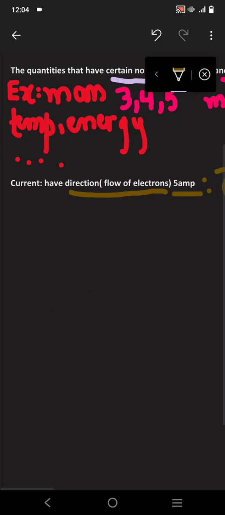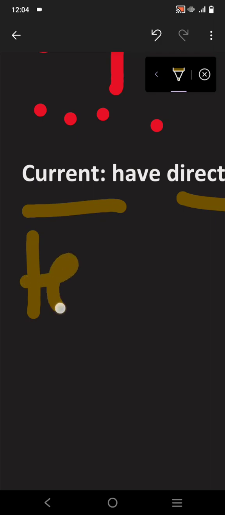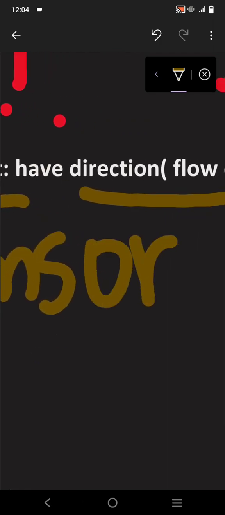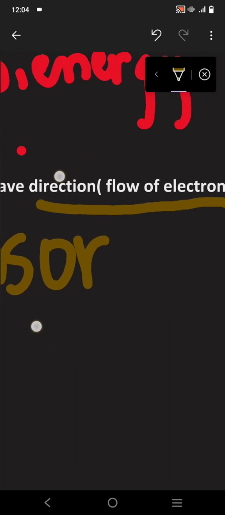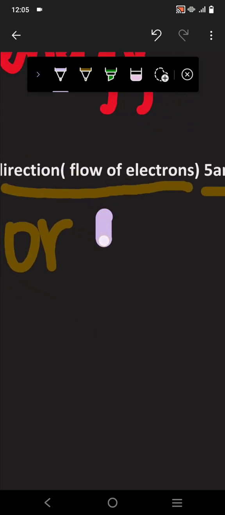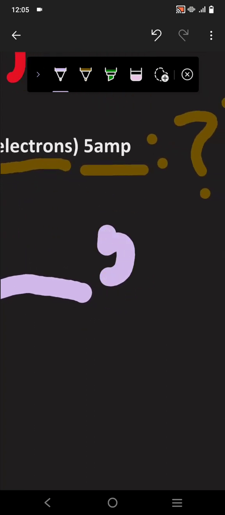And a new thing is that current can be a tensor quantity. Let me make it clearer with an example. This is 5 ampere, this is 4 ampere. 5 plus 4 is equal to 9 ampere, right?